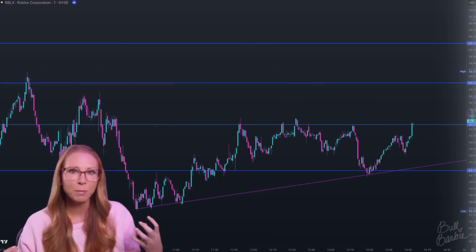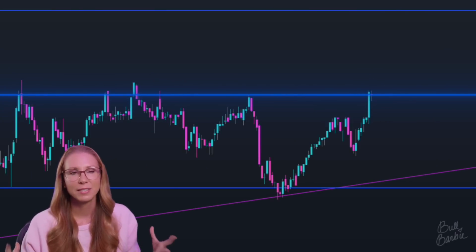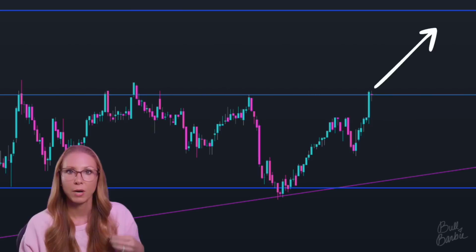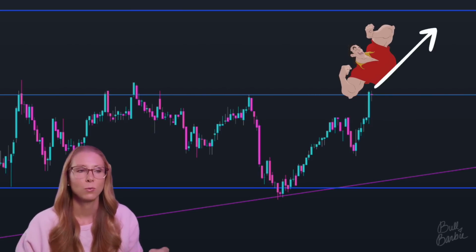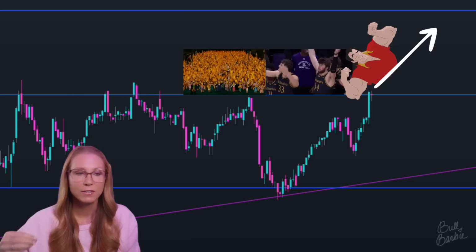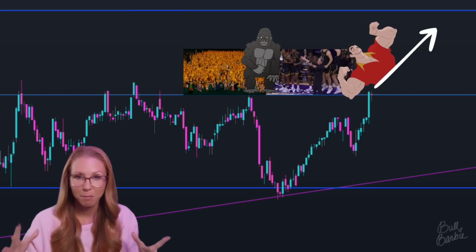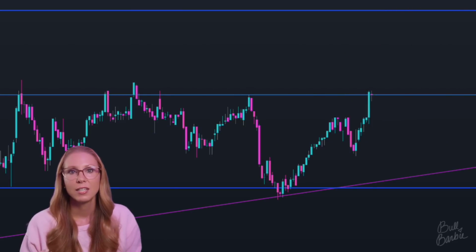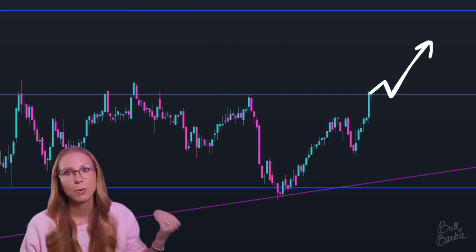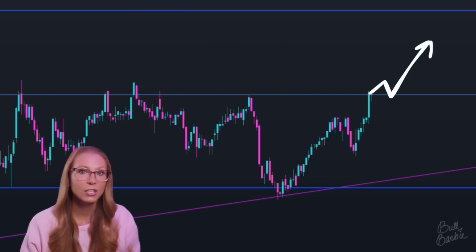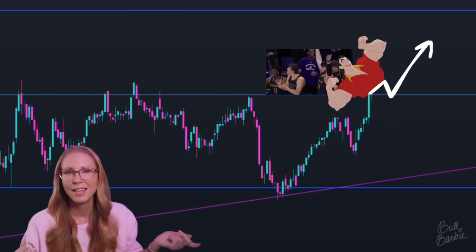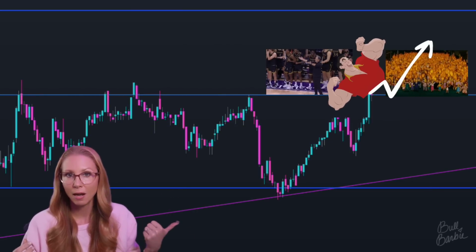So when price breaks a level, there are basically three things that could come next. Price could break and go, where we have picture Gaston with his hype squad plus the mob going full ape. It's gonna break and just get out of here. The second option is it could break and then pull back and retest and then go, which is where Gaston and the hype squad break through, but they decide to come back and get the mob.